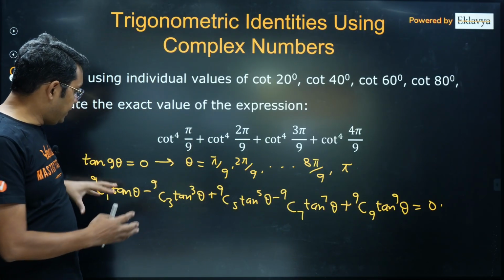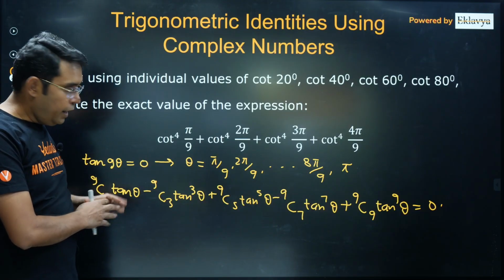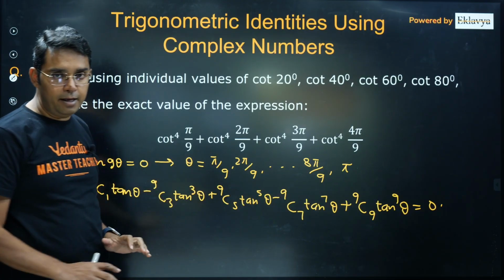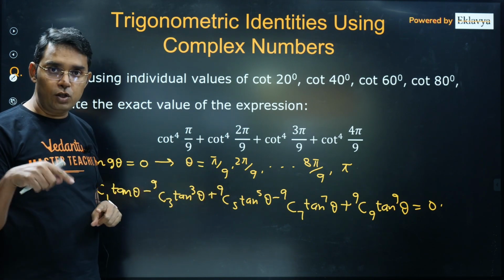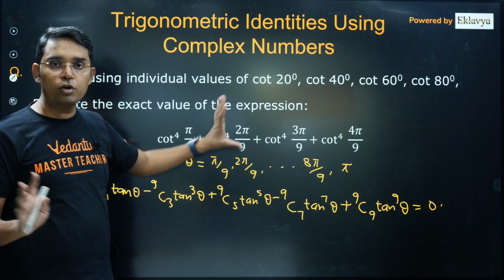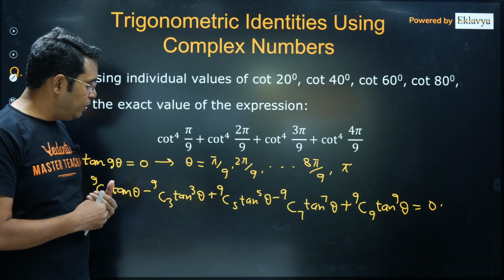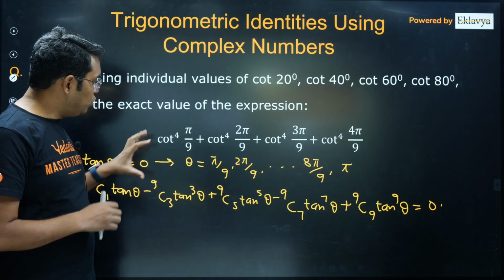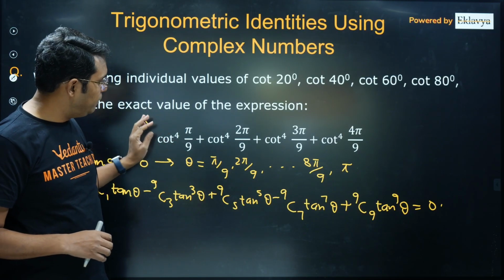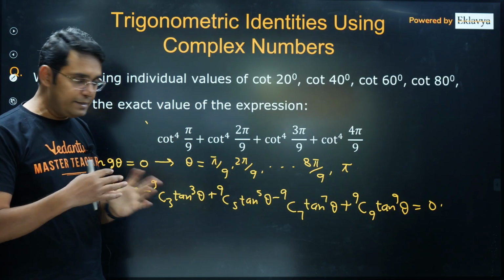So if I take the tan theta factor out and write the remaining thing here, I will only be losing that root tan 0, tan pi, which anyway I am not looking for. My idea here is to create a polynomial whose roots are in terms of cot, maybe cot pi by 9, something like that. Let's see how it will come.